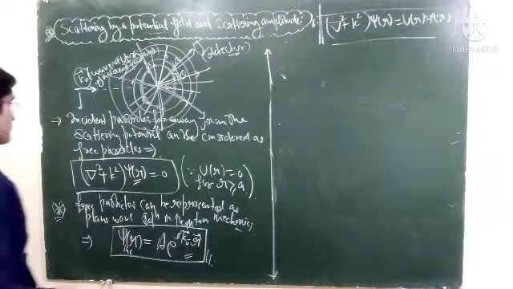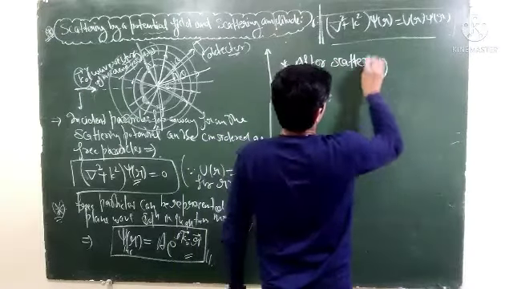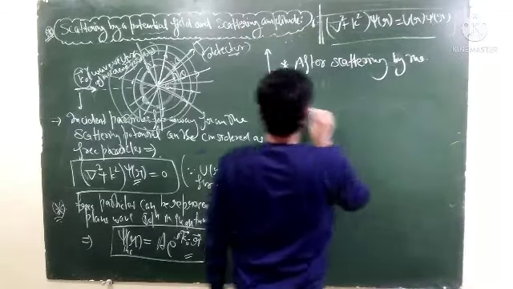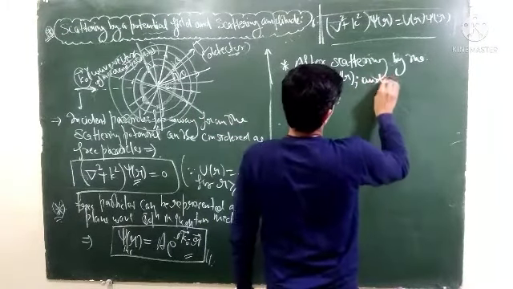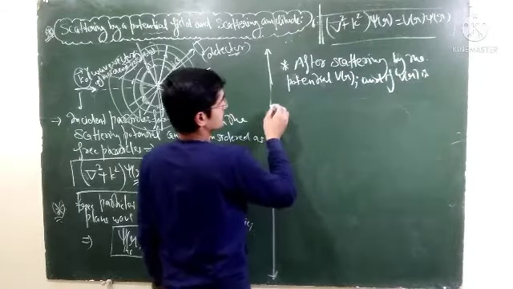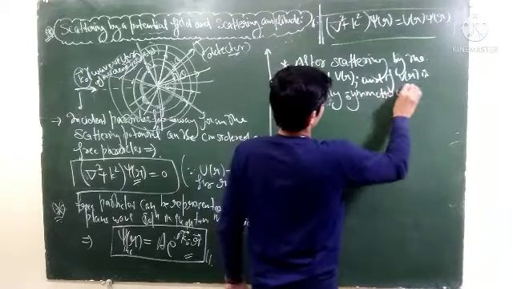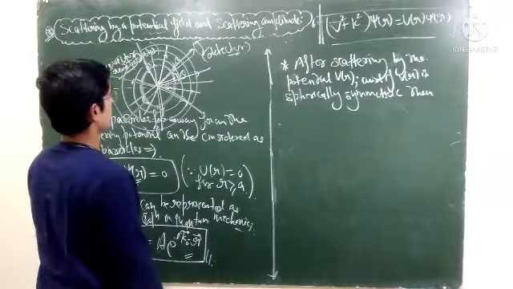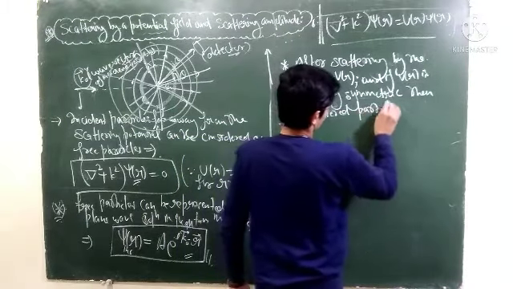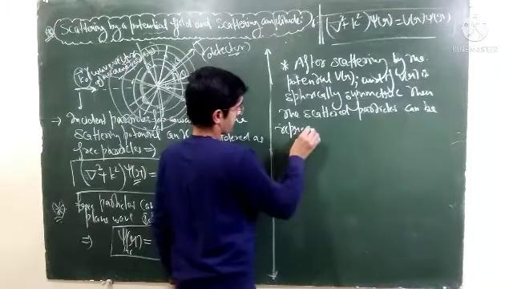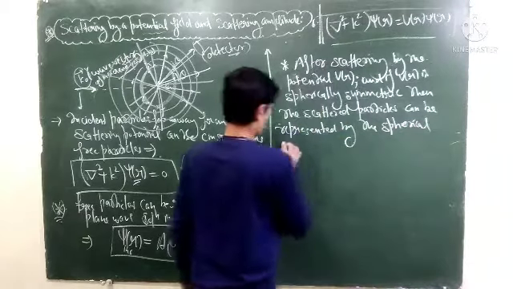So one more intuitive thing we got is that after scattering by the potential V of r, if V of r is spherically symmetric, then the scattered particles can be represented by the spherical wave, right?